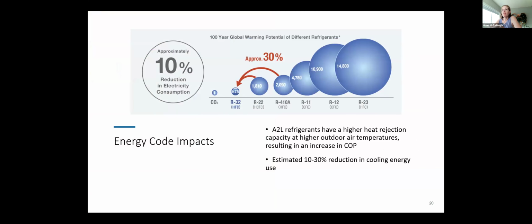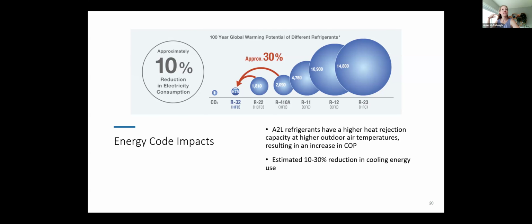We also have energy code impacts here. Something that's really interesting about A2L refrigerants is that they have a higher heat rejection capacity at higher outdoor air temperatures, meaning that equipment that utilizes A2L refrigerants is more efficient at rejecting heat to the outdoors when it's hot out.